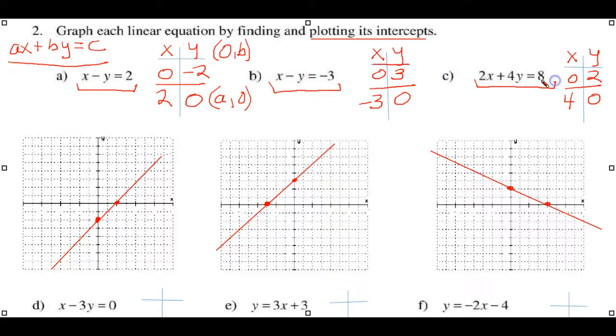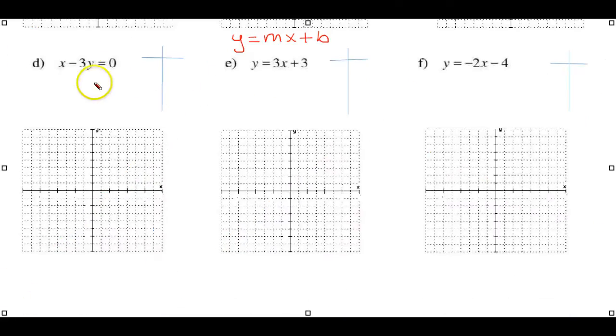When an equation is in standard form, it's very easy to use this x and y intercept t-chart and find the intercepts. Now in letter D, it is in standard form, so we would just complete our x and y intercept t-chart.